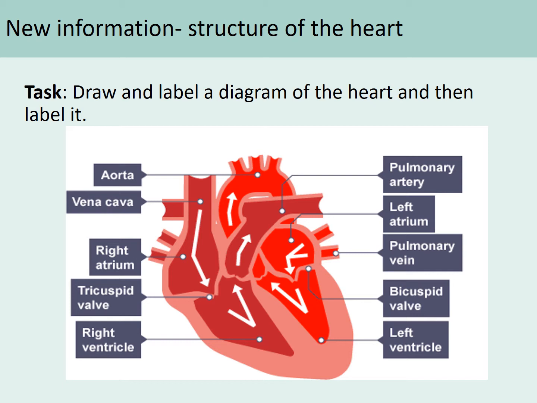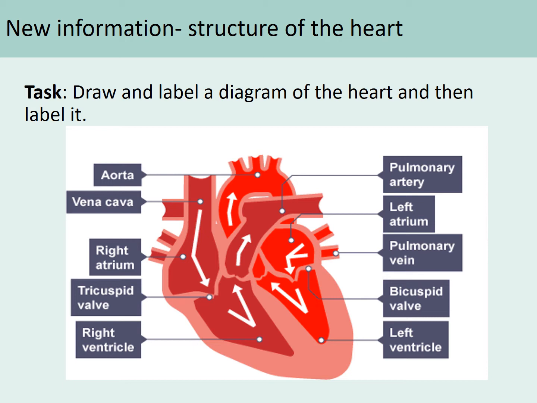So the blood from the body goes down the vena cava into the right atrium, then into the right ventricle, and is then pumped through the pulmonary artery. Now the pulmonary artery takes blood to the lungs where it gets oxygen. So once it's picked up oxygen from the lungs, it comes back into the heart through the pulmonary vein.